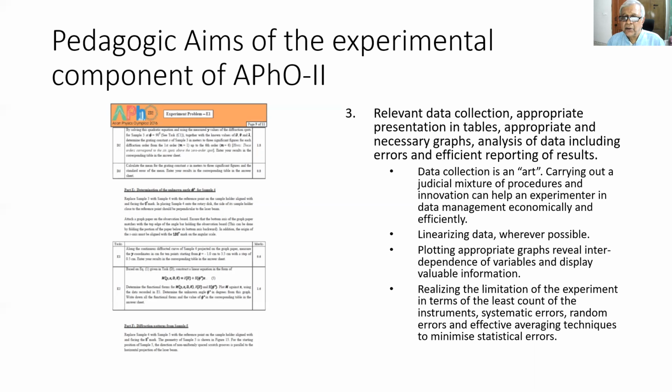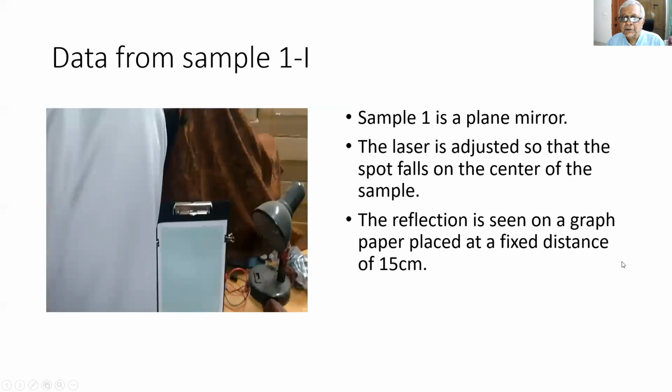As we go on, we shall see that questions are posed judiciously so that all these pedagogic aims of the experimental component of an APHO experiment are met. Now, well, we start with the experiment.